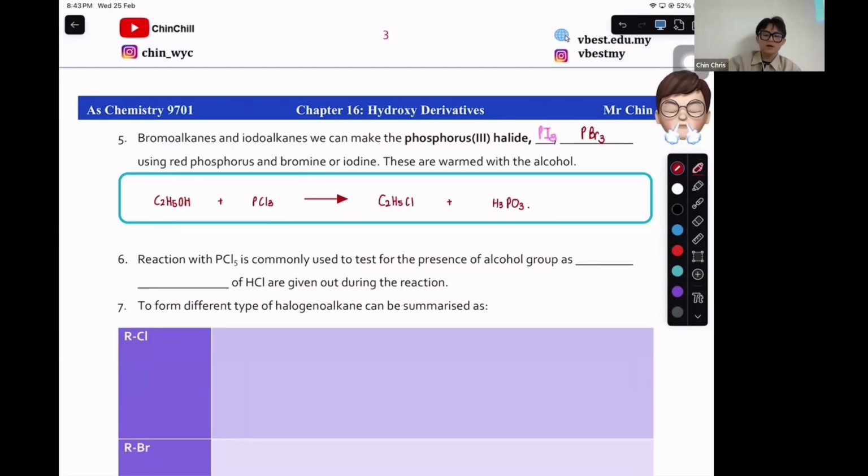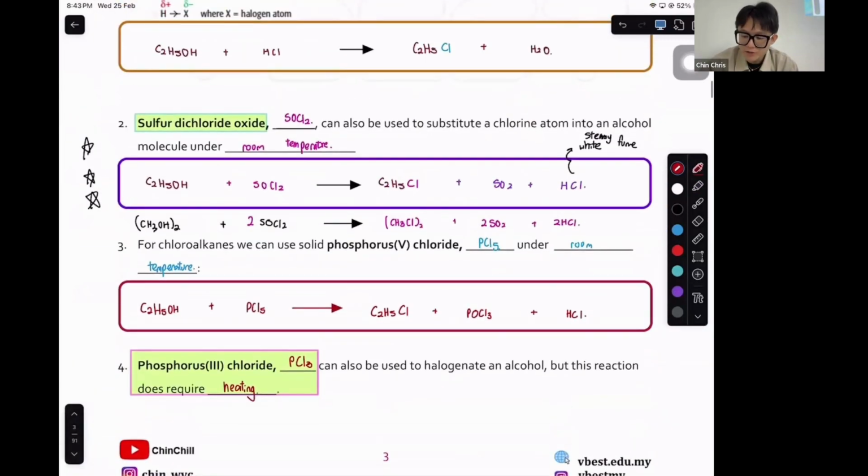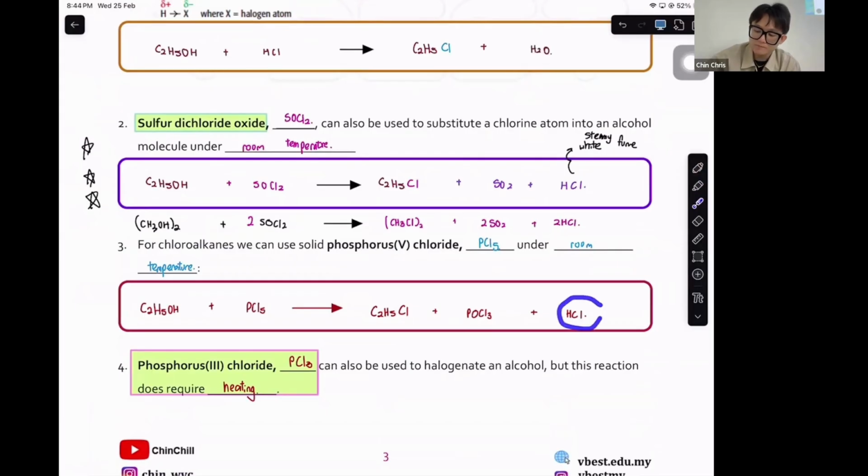All right guys, reaction with PCl5 is commonly used to test for the presence of alcohol. If you use PCl5, HCl is formed. When HCl is formed, this HCl is released as a steamy white film.